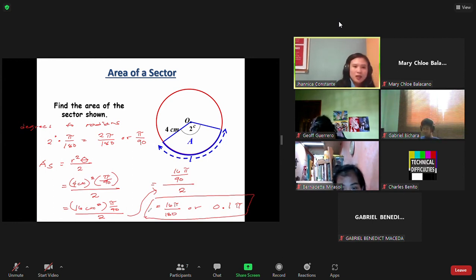So that's the area of the sector that we will have in our circle. We have 16 pi over 180 or 0.1. That's the area of our sector in the circle that we have.